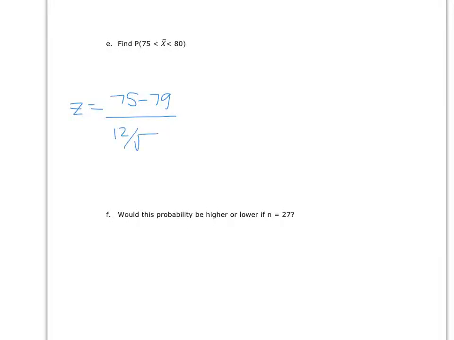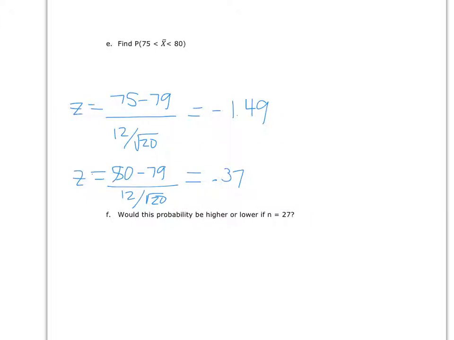So for 75, we get a z-score of negative 1.49, and for 80, we get a z-score of 0.37.